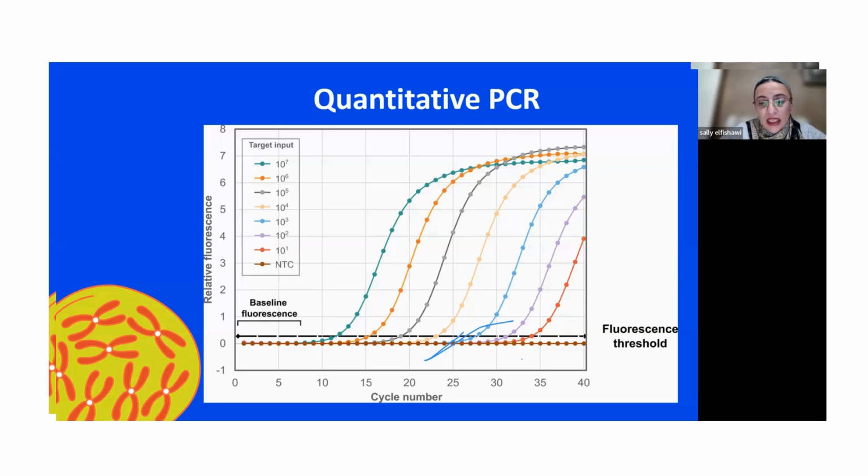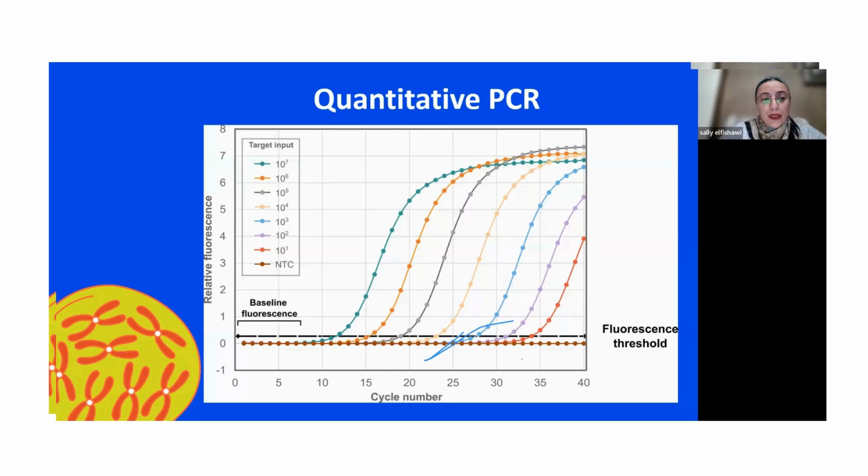We have, as you can see, these curves where they cut the threshold, and we say this is the cycle threshold of the amplification, and we can quantitate these points and translate them into quantities versus a standard curve that is run with samples of known quantities, so that we can infer from the slope of the standard curve the amount of the fluorescent target that we have in the quantitative PCR setting.